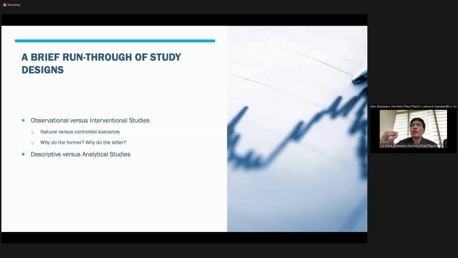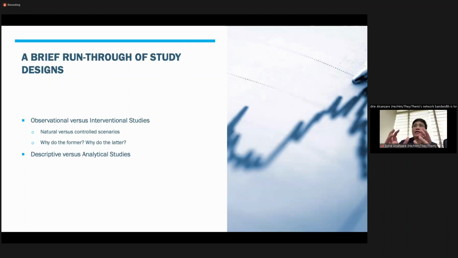So why do we do the latter? The latter, when we want to study the effects of a possible drug, a possible pharmaceutical agent, okay? And then under your observational studies, so this is a subset of your observational studies, you have your descriptive versus your analytical studies.